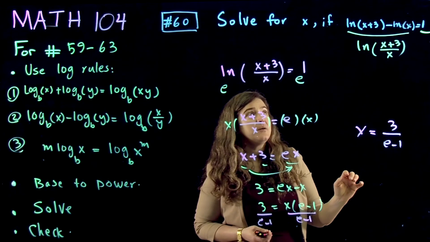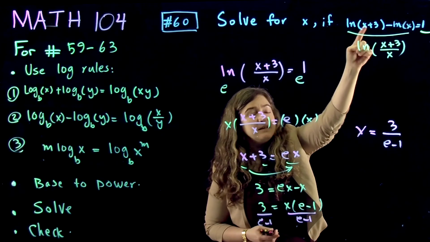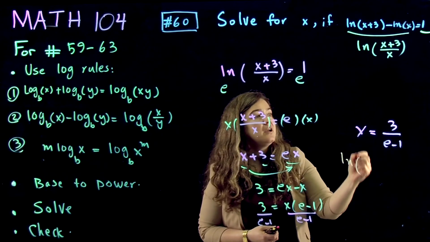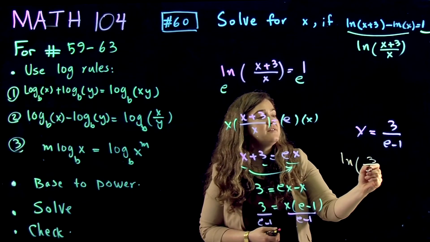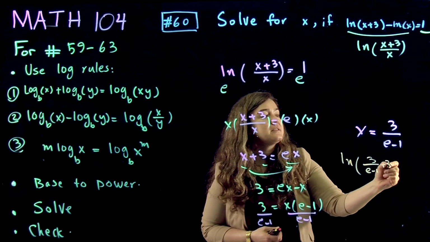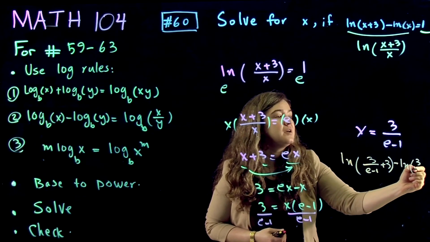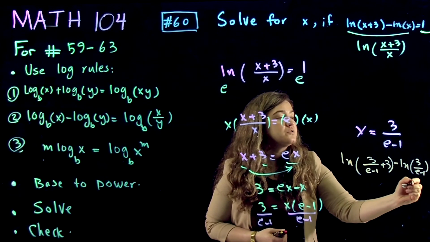The numerator is a positive number. If I plug this back in here, what do I get? I get natural log of a positive number plus 3 minus natural log of a positive number equal to 1.